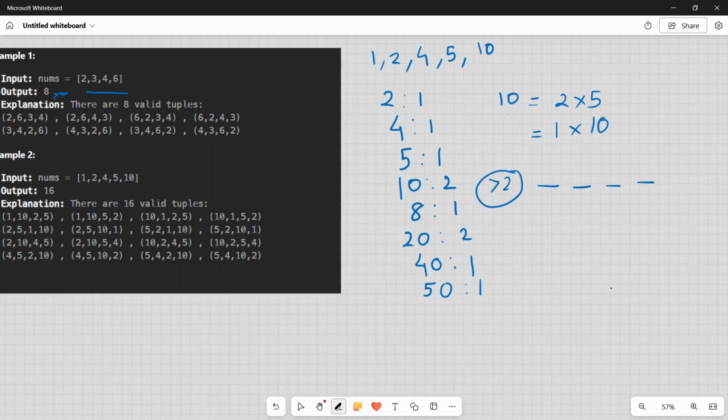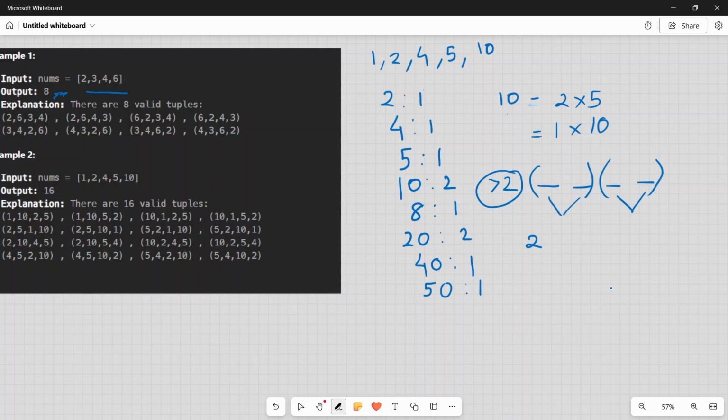So this is our condition, and let's take a look at how we can find out what result these pairs will contribute. The multiplication of two numbers will give us the product, right? In this case, we have two pairs, and we have to place them in these two places.